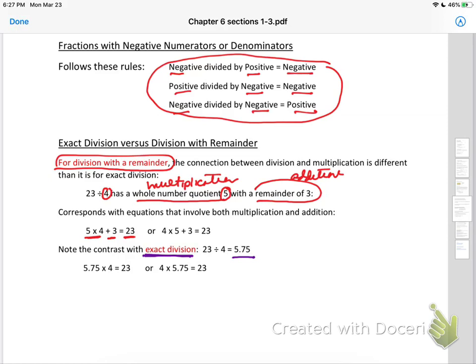I'm not having a remainder. I'm doing it exactly. I'm utilizing decimals. In that situation, to get the number back, all you need to do is multiplication. Okay, so when you have a remainder, you need 2 operations to get the original number back. When you have an exact division, you have only 1 operation.